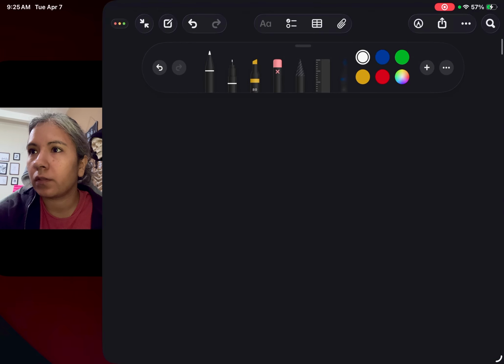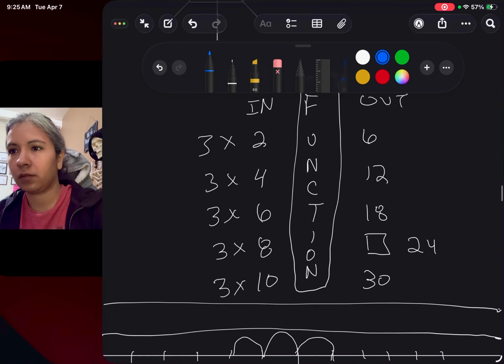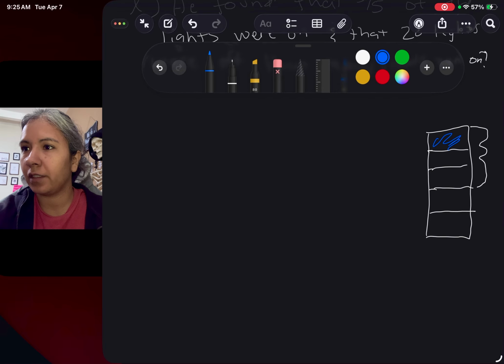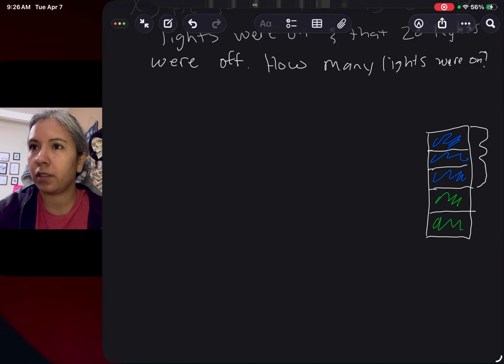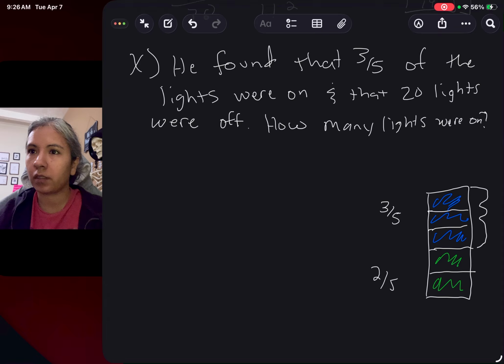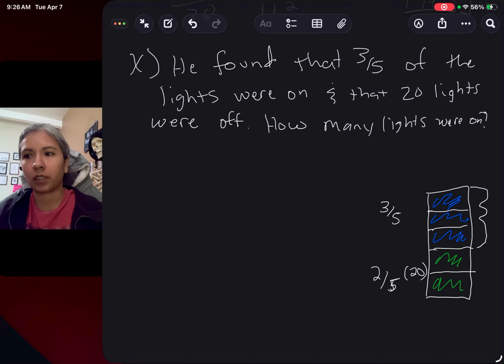So that means 2/5 were off. 3/5 were on, 2/5 were off. But we know the number, that it's 20, so we know 20 lights were off.